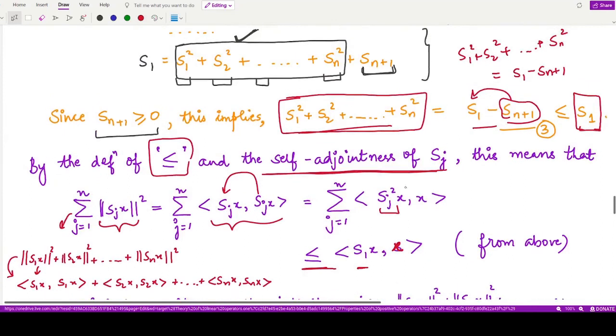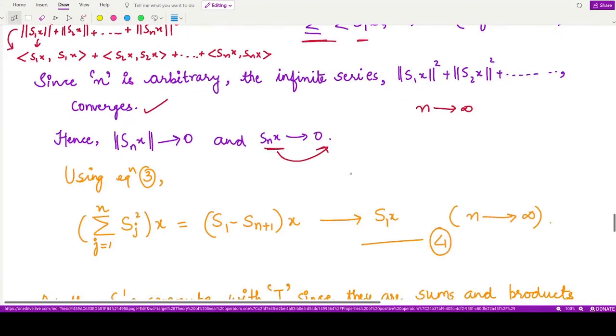So using the third result here, that the operator S1 squared plus S2 squared up to Sn squared is less than or equal to S1. Using this result again, let's see what we have. So we have the summation of Sj squared applied onto x.